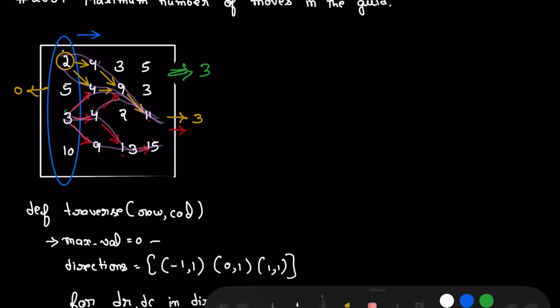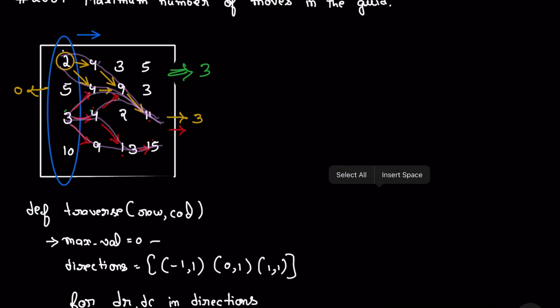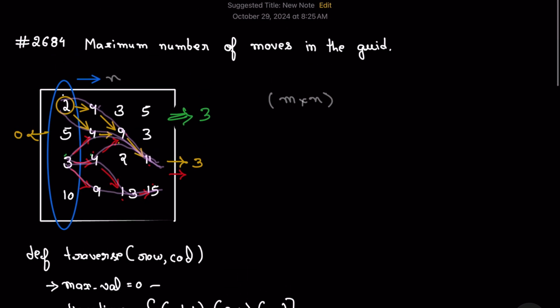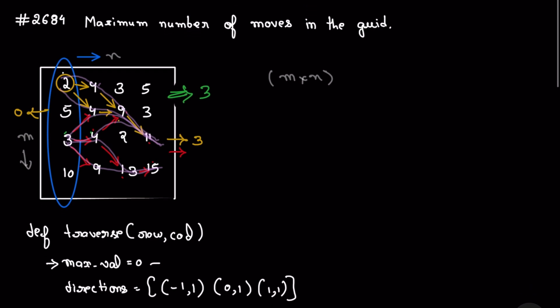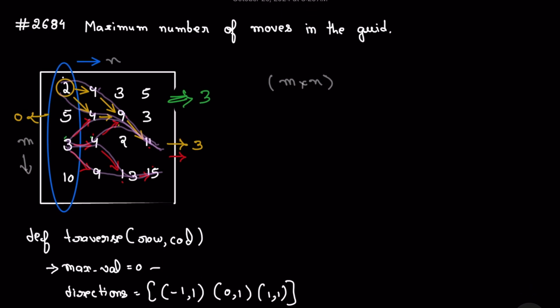So what we will end up doing is, to understand the complexity, from every place we have 3 directions to grow. And how many places are there? M cross N positions, where M is in this direction and N is in this downward direction. From every one of these M cross N positions, I have 3 possibilities to go.